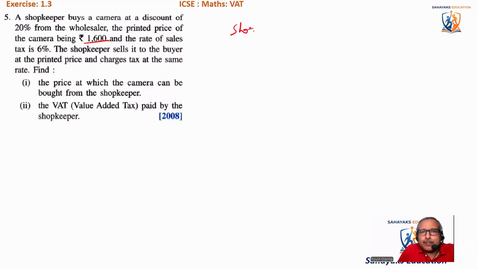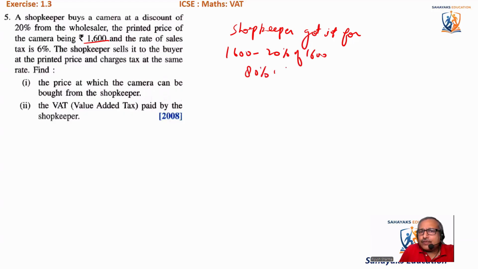The shopkeeper got it for 80% of this value, because of the 20% discount. Or we can say 1600 minus 20 percent of 1600. This is one way we can write it, or we can say 80% of 1600.